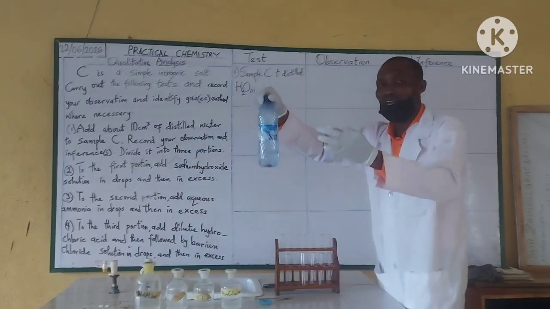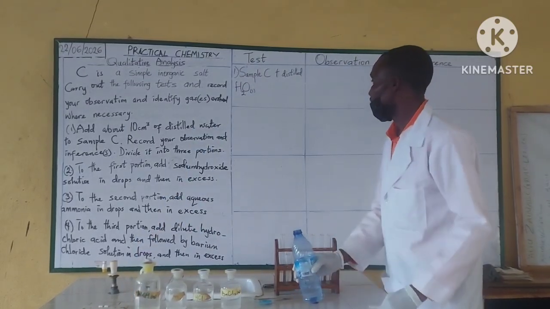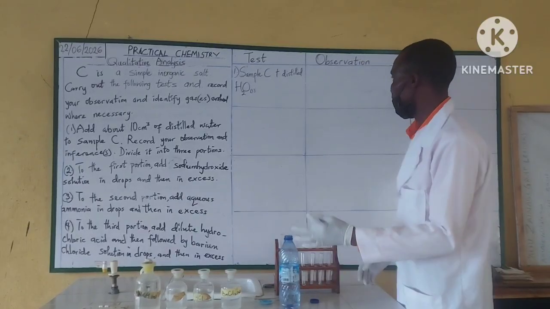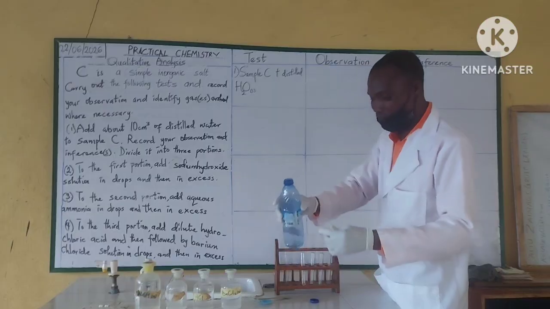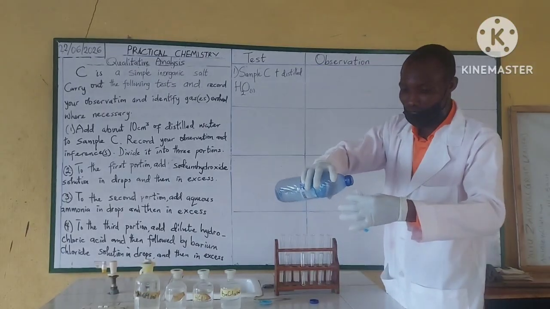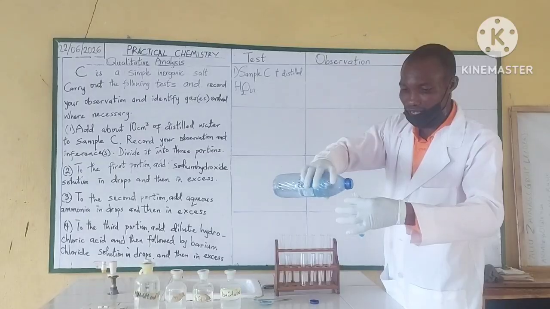Now, this is water. Just add your water. They said the water you are to add is about 10 cm cube. 10 cm cube of water must not be more than this. This is what I'm going to add.